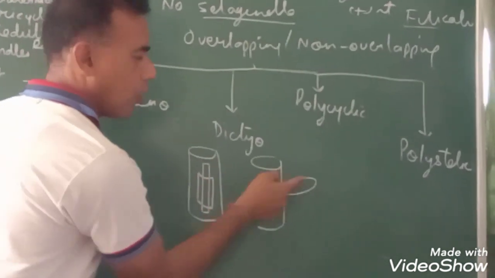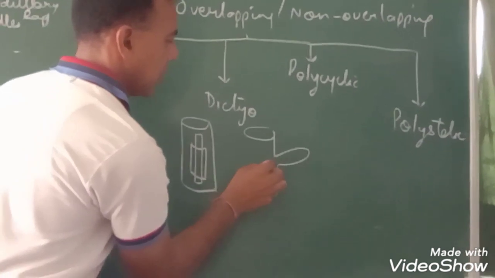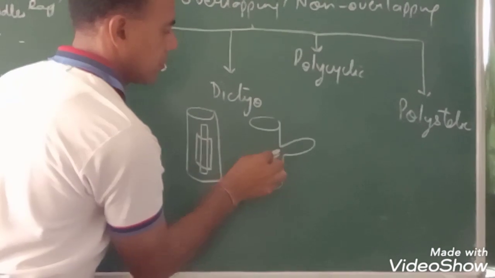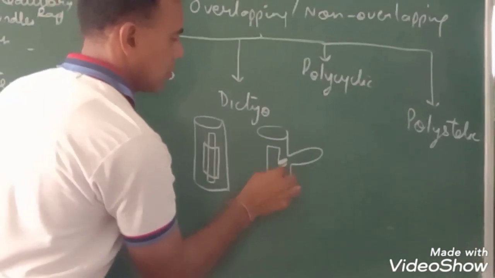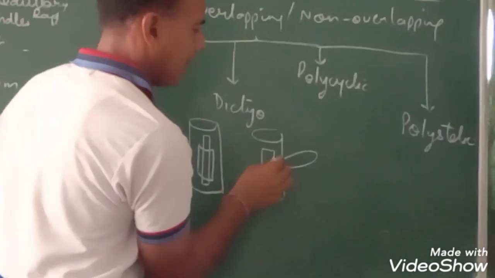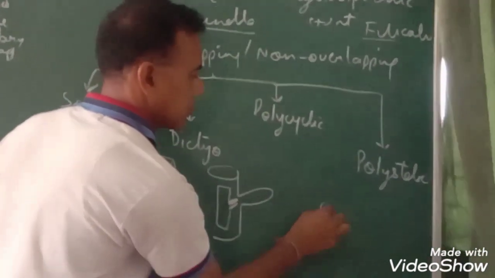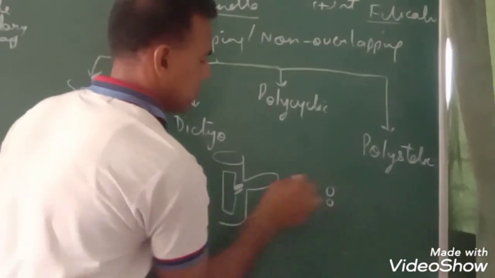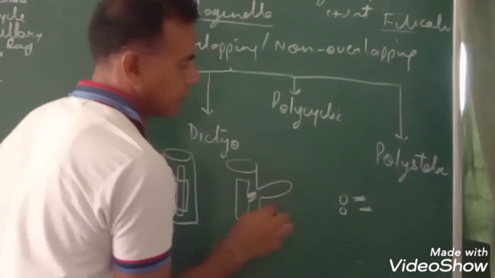The stele also moves into this new structure like this, xylem and phloem, thereby making a gap in this cylinder like this, and this is the trace which is moving into the leaf.